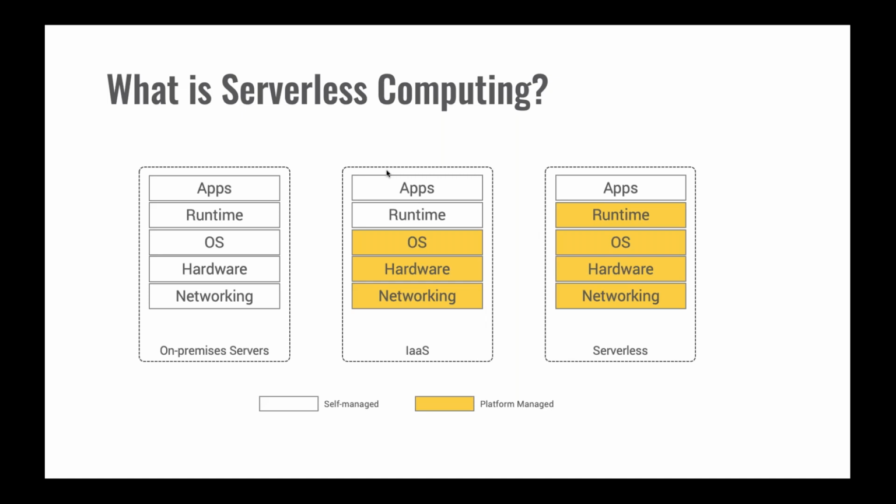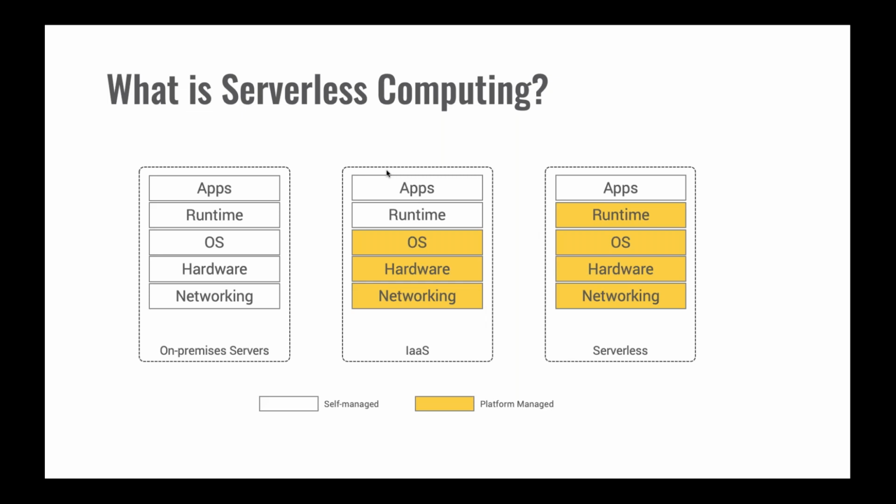So if you take a look at the depiction here, in on-prem, you basically own and manage the entire stack from the networking gear to hardware to operating system to runtime and apps. And when you go to IaaS, you basically have network given by the cloud provider, hardware delivered by the cloud provider, OS partial, you still need to patch it and you still need to keep it up to date.